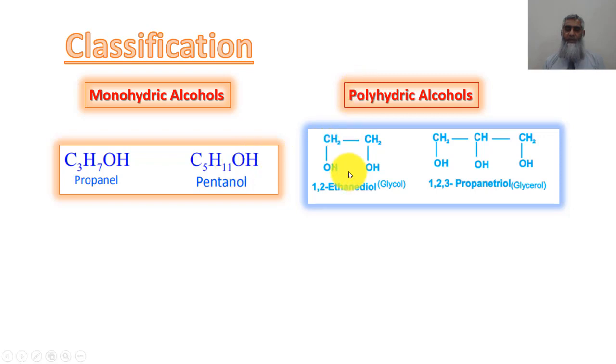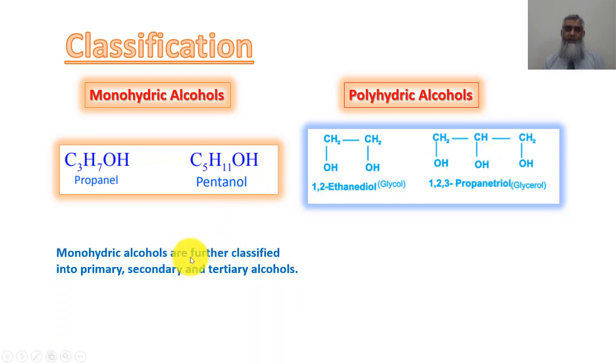Like glycol contain 2 OH group at 2 adjacent carbon atoms. It is called as 1,2-ethane diol. Alcohols containing 2 OH groups are called as dihydric alcohols, and if these 2 OH groups are present on 2 adjacent carbon atoms, they are called as glycols. Similarly, there may be 3 OH groups on 3 adjacent carbon atoms. They will be called as glycerol. This is the example of 1,2,3-propane triol.